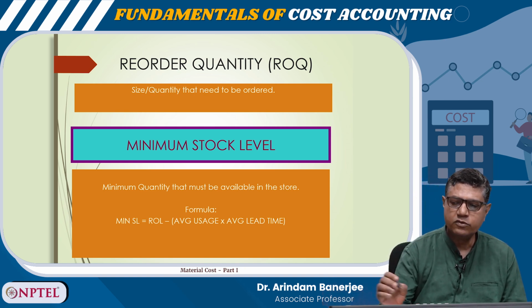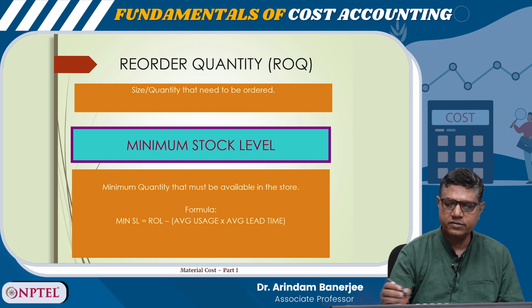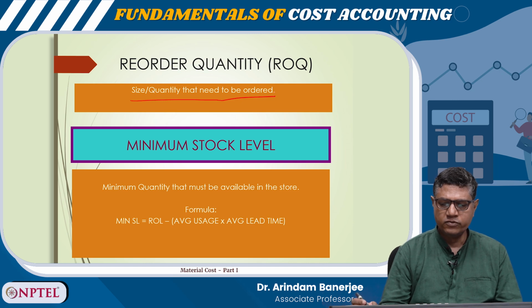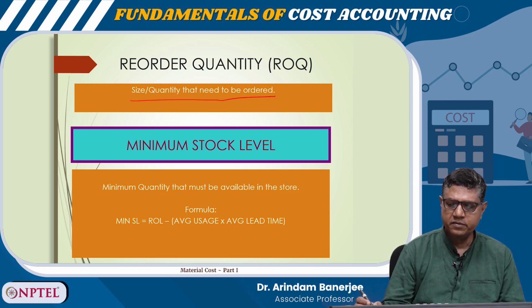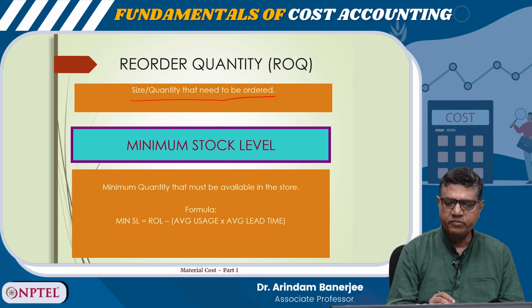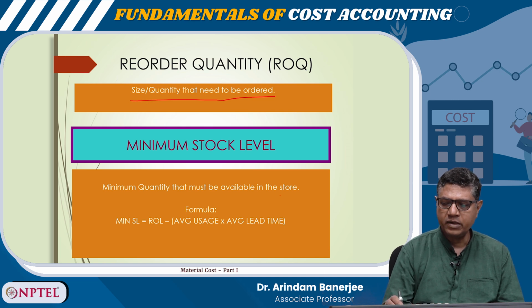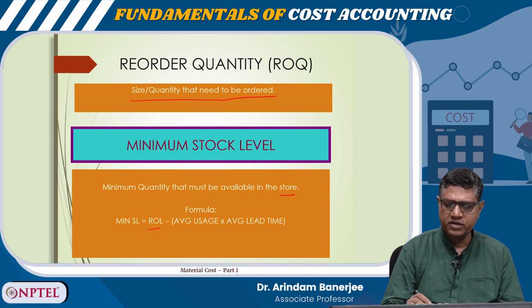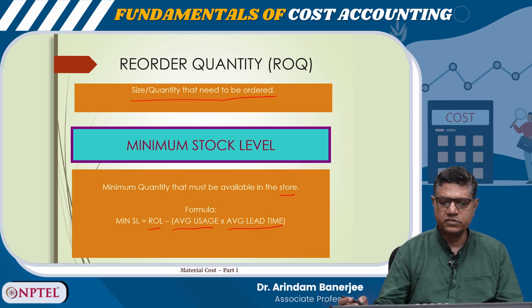So, the size and quantity that needs to be ordered. Minimum stock level: the minimum quantity that must be available at the store. So, the formula is minimum SL is equal to ROL minus average usage into average lead time. Okay.